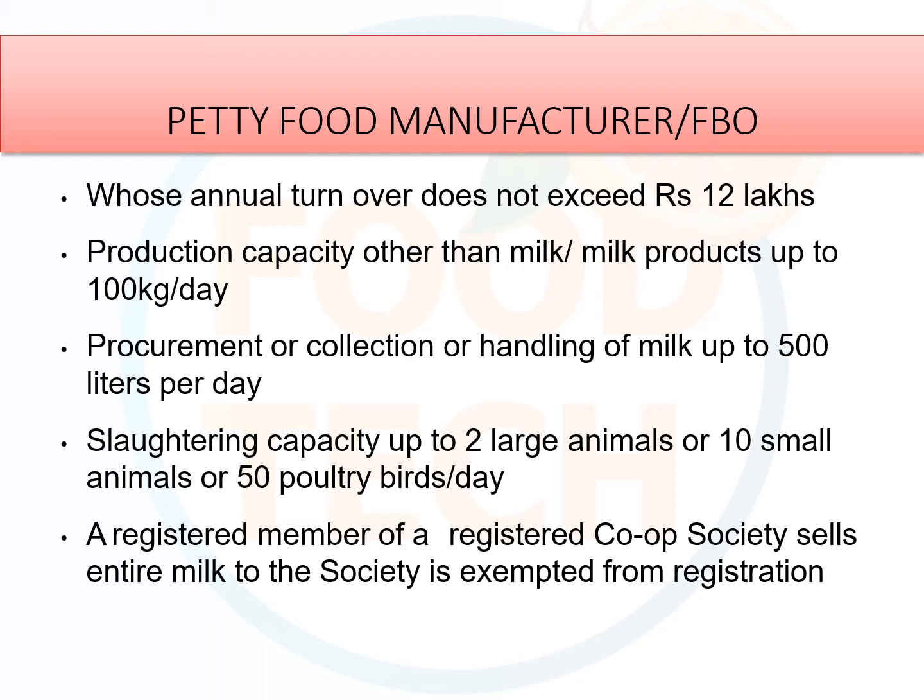Talking about meat processing or related applications, slaughtering capacity should be up to 2 large animals and 10 small animals, or 50 poultry birds per day. This should be included in the petty food business manufacturer. And a registered member of a registered cooperative society who sells entire milk to the society is exempted from the registration.